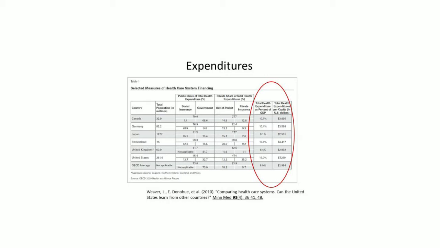At 16% of GDP, or really $7,290 per capita. And if you look at some of the others, the next highest is Switzerland at 10.8%, or $4,417 per capita. So, the United States has been paying a lot of money, on average, for healthcare, but at the same time providing healthcare to a much smaller number of individuals compared to other countries.